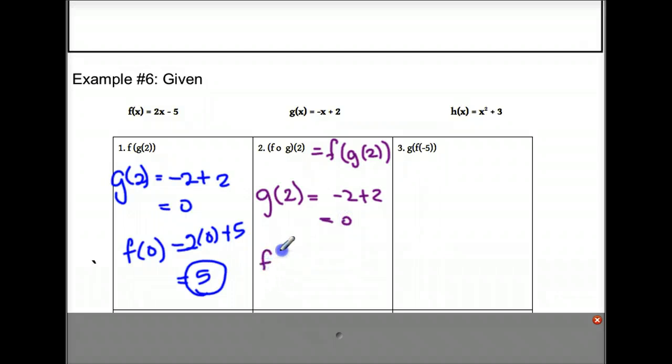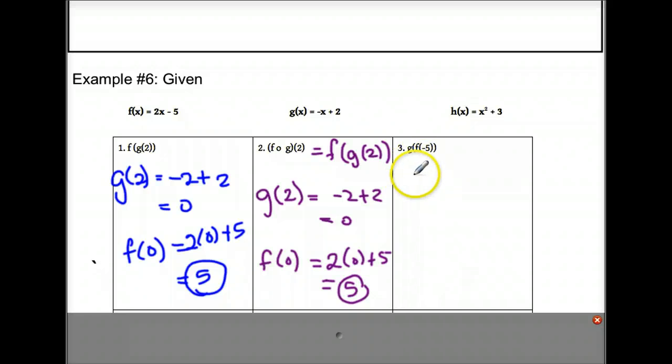And I want to find f of 0 now, which becomes, using my f function, 2 times 0 minus 5, which is equal to minus 5. Yes, I did this spitefully to show you that if I write it f of g of 2, or I write it this way, I get the same exact answer. Either way they mean the same exact thing.